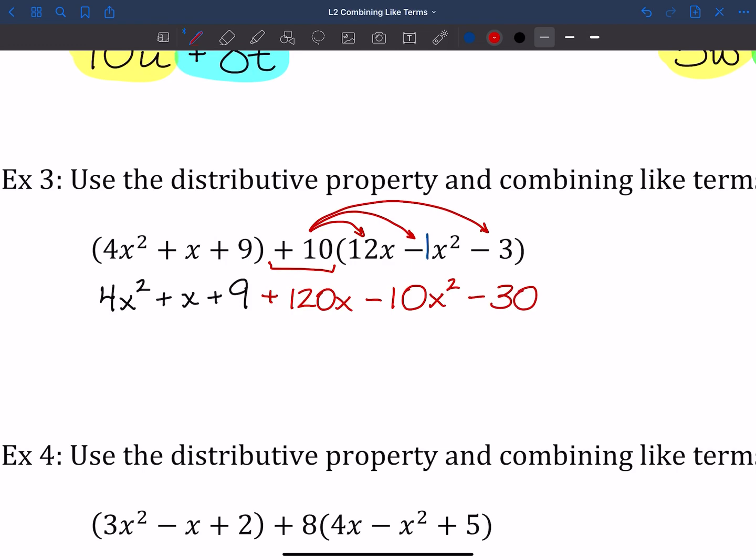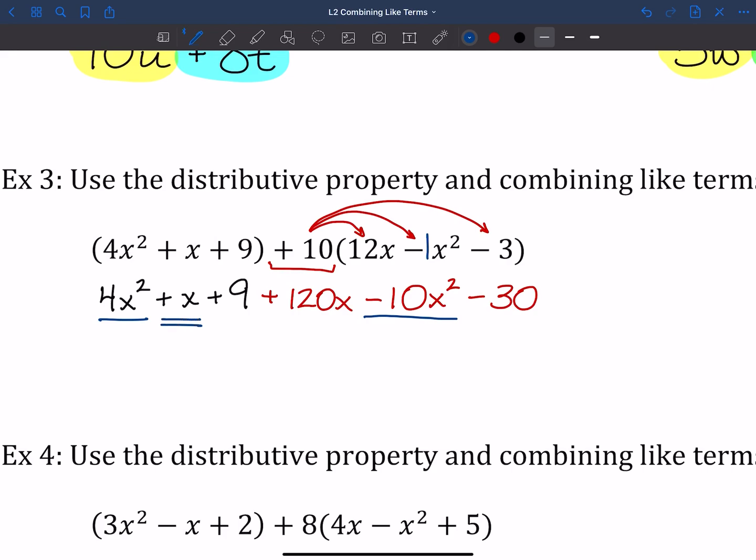So now we're able to combine our like terms. We've got some things that can match up together. I'm going to show you guys that other way I was talking about where you can just use different numbers of lines underneath. So 4x squared matches up with these negative 10x squareds, so I know that I can combine those when we get to that.